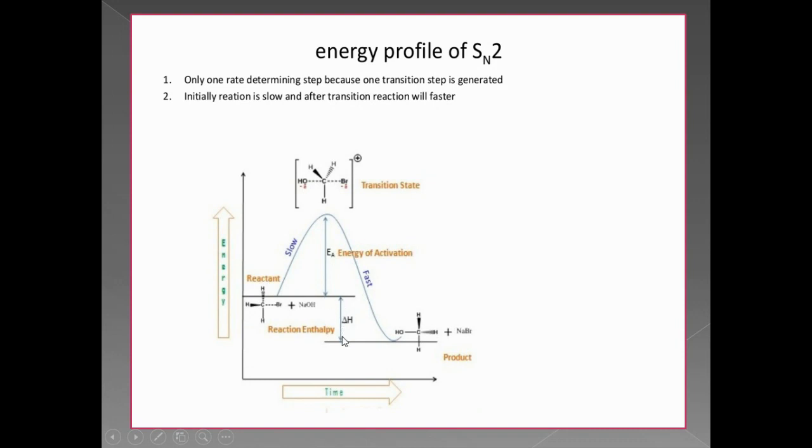This energy difference is represented by delta H, and a negative sign is given to it. Why negative? Because there is a decrease in energy, and this reaction is called an exothermic reaction. The formation of NaBr is a side product, and the main product is methanol. So this is the energy profile sequence of the SN2 reaction.